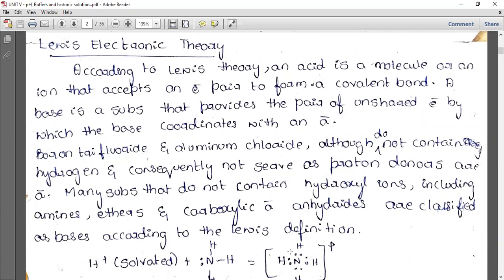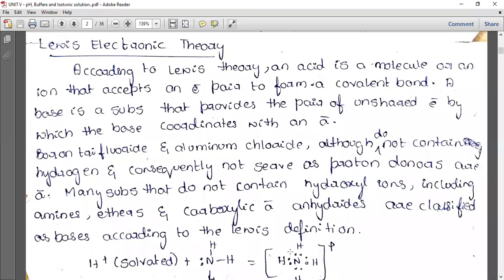Here, according to Lewis theory, a base is one which readily shares a pair of electrons with the acid, and an acid is one which readily accepts the electron pair shared by the base. So in general, according to Lewis acid base theory, the bond formation between the acid and base is nothing but a covalent coordinate bond. Where exactly do you observe these covalent coordinate bonds?